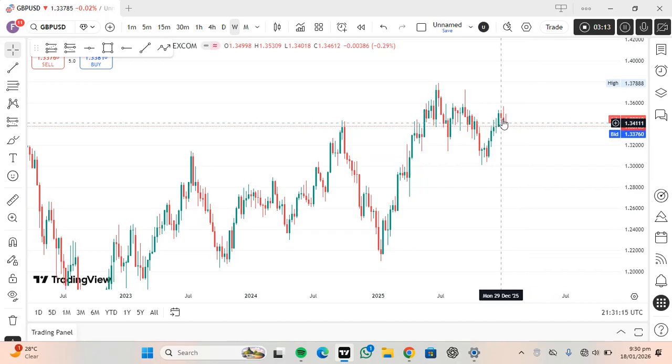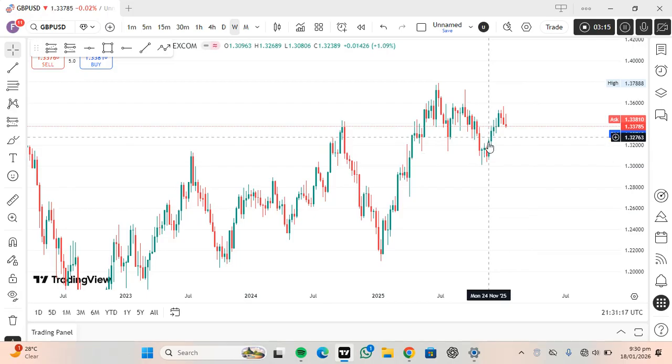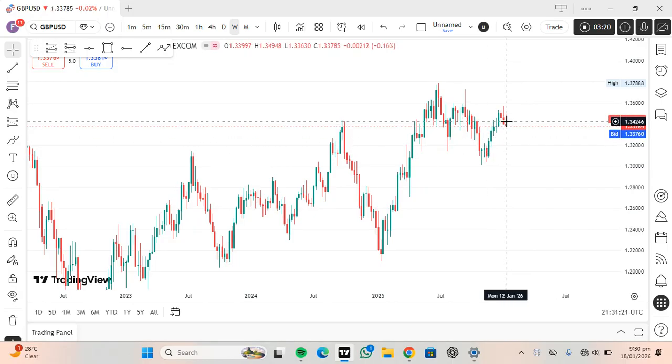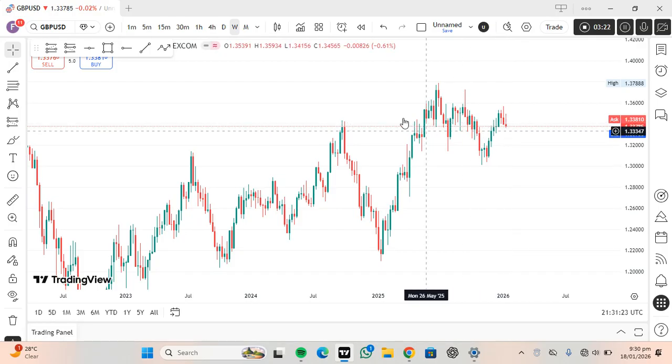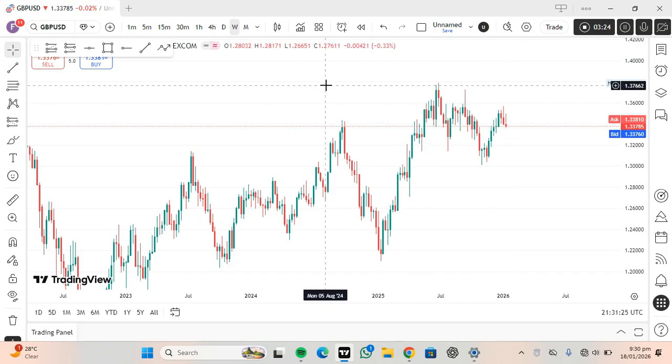So the weekly time frame is bearish, even though it was primarily bullish, but for the past 3 weeks, it's been bearish. Remember, the aim or the goal of top-down analysis is to find the direction of the market. And we all know that as traders, if you know the direction of the market, you are gone. You can easily look for your setups or your entry point and just hop on a trade.